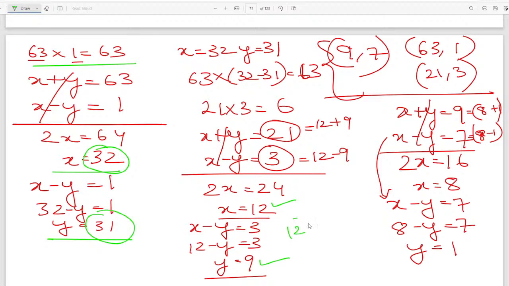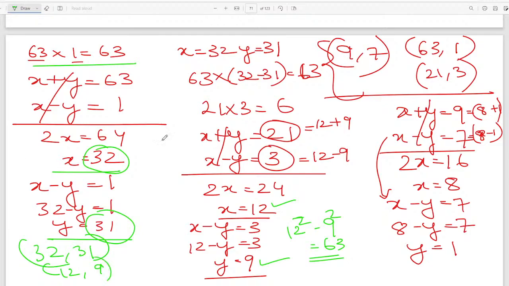So 12 square minus 9 square would give you 63. So again, this is one solution. So this is one pair. So one is x is equal to 32, y is equal to 31. The another pair is x is equal to 12, y is equal to 9.